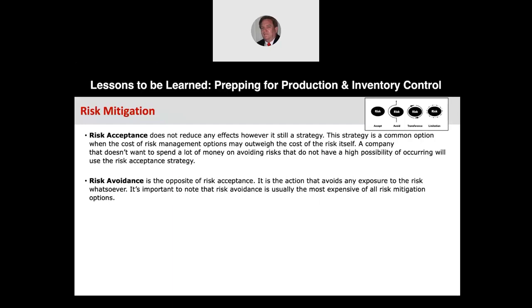Risk avoidance is the total opposite of risk acceptance. It's taking action to avoid any exposure to risk whatsoever. Risk avoidance is the most expensive because you're avoiding everything that VUCA could throw at you, so that might not be cost effective.